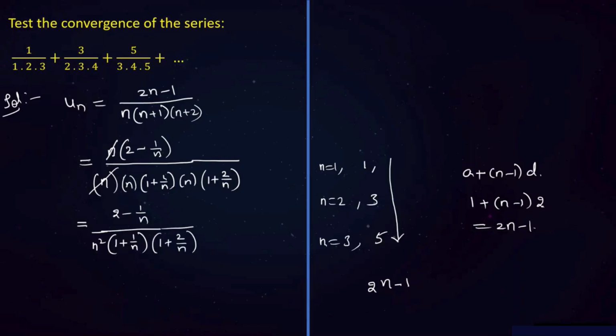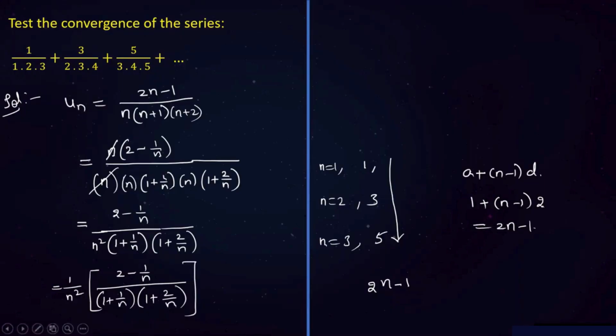Right? Look at them. For more convenience, I'm writing it again like this. 1 by n square, I'm writing it aside. And the remaining things I'm writing in bracket like this: 2 minus 1 by n, in the denominator, 1 plus 1 by n multiplied by 1 plus 2 by n. So now if you look at these terms in the bracket, they're all simply functions of 1 by n, isn't it?